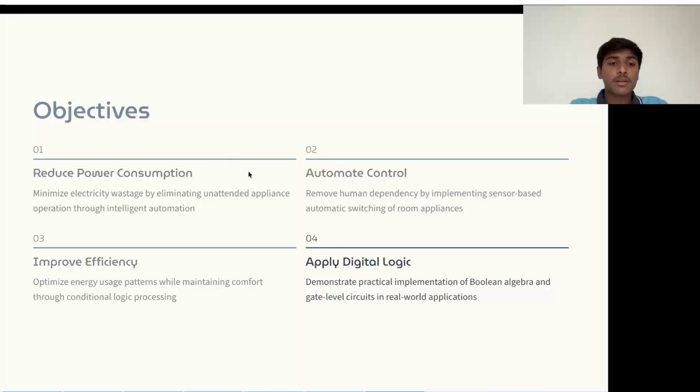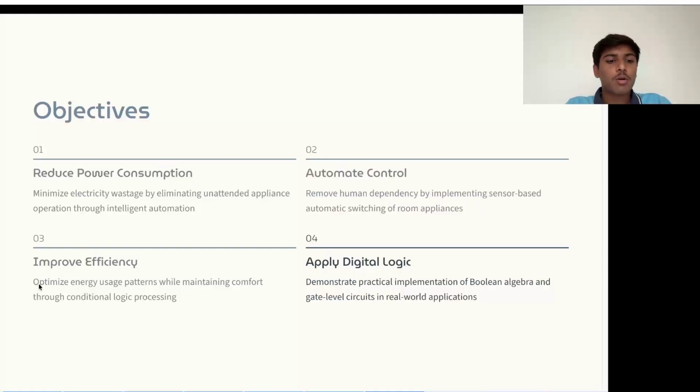To reduce power consumption, we will minimize electricity wastage by eliminating unattended appliances. That's why our logic gates will give output, and our sensors will turn the appliances off and on to reduce the power consumption. In this system we will use automated control, so no human dependency will be needed.